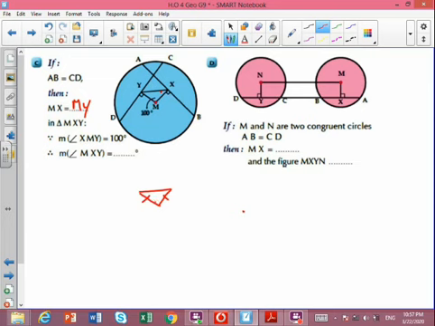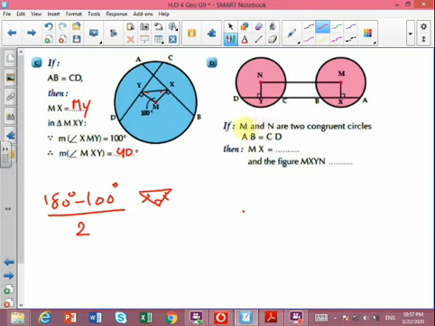I have the vertex angle in the isosceles triangle, so I know that the two base angles are equal in measure. So each of these angles will be 180 minus 100, the measure of the vertex angle, divided by 2. So (180 minus 100) divided by 2 equals 40. So each of these angles equals 40.